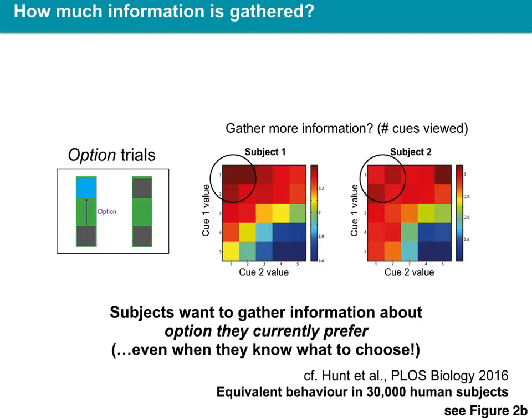We also see a related behaviour, albeit in a slightly milder form, in our recently published human dataset. So our current interpretation of these results, in both the humans and in the macaques, is that subjects have an idea about which option they currently want to choose, and then they seek out information about whether or not to accept or reject that item.